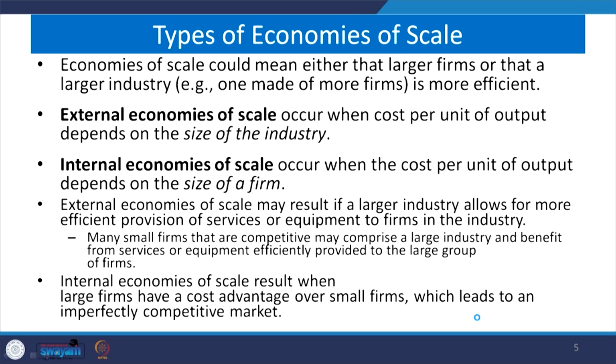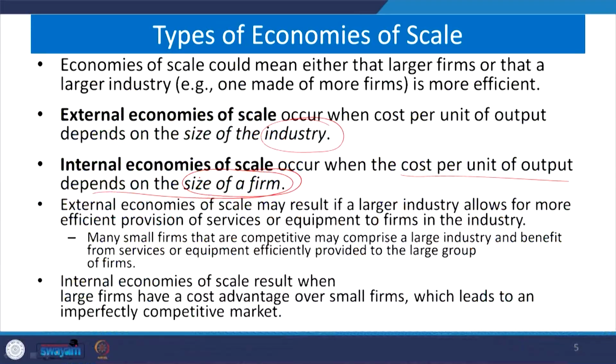So, if the industry size increases, the cost per unit of output changes, whereas internal economy is defined as the cost per unit of output depending on the size of the firm. If the individual firm's output increases, then there are high chances of internal economies. So, there are two ways which are very important to discuss.